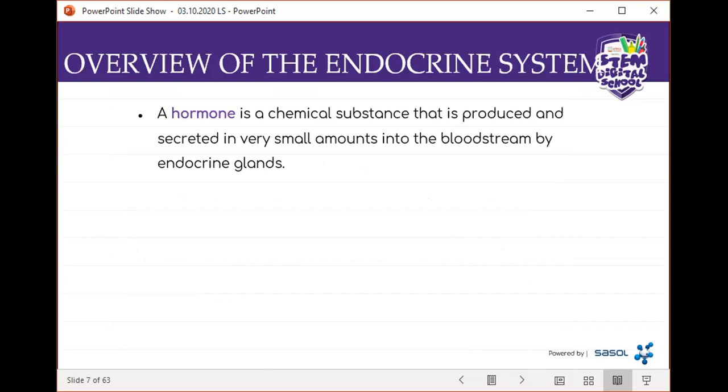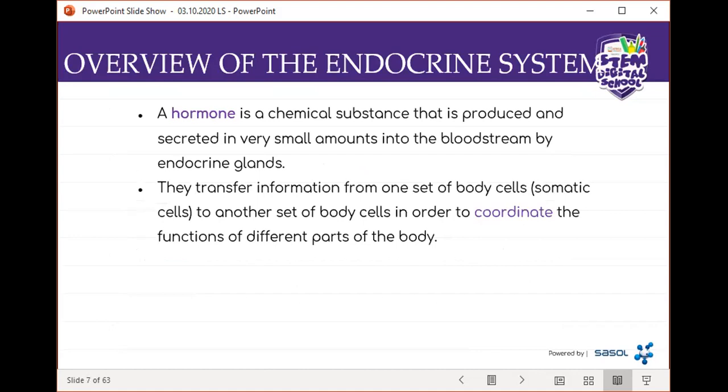A hormone is a chemical substance that is produced and secreted in very small amounts into the bloodstream by the endocrine glands. They transfer information from one set of body cells to another set of body cells in order to coordinate the functions of different parts of the body.